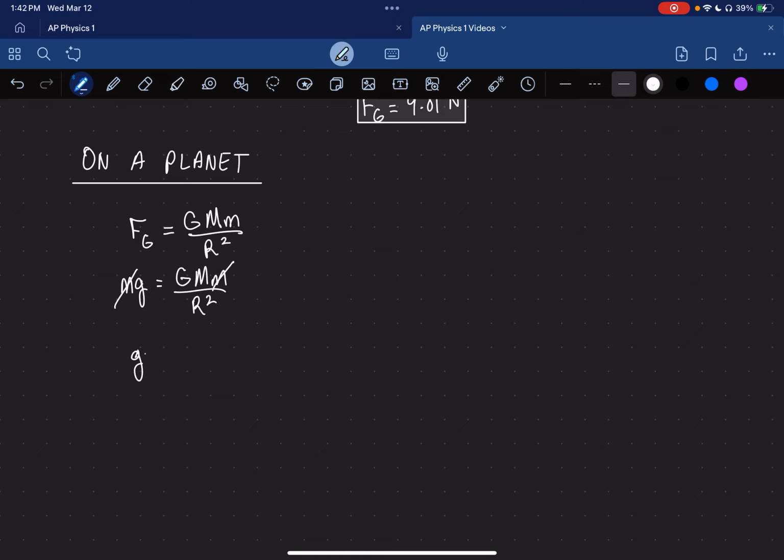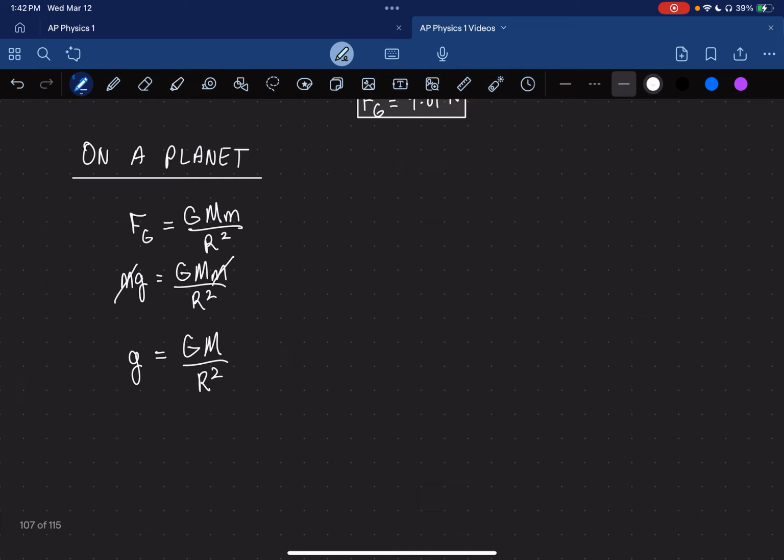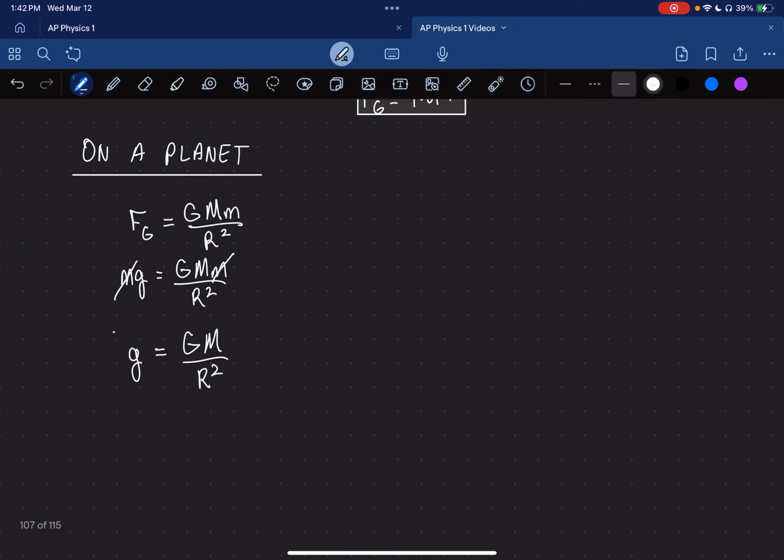And so this relationship tells us that the gravitational field, little g, on any planet is G times the mass of the planet over r squared. Notice that the mass of any object on the surface of that planet that's in that gravitational field doesn't show up anywhere in this equation. And capital R is the radius of the planet.